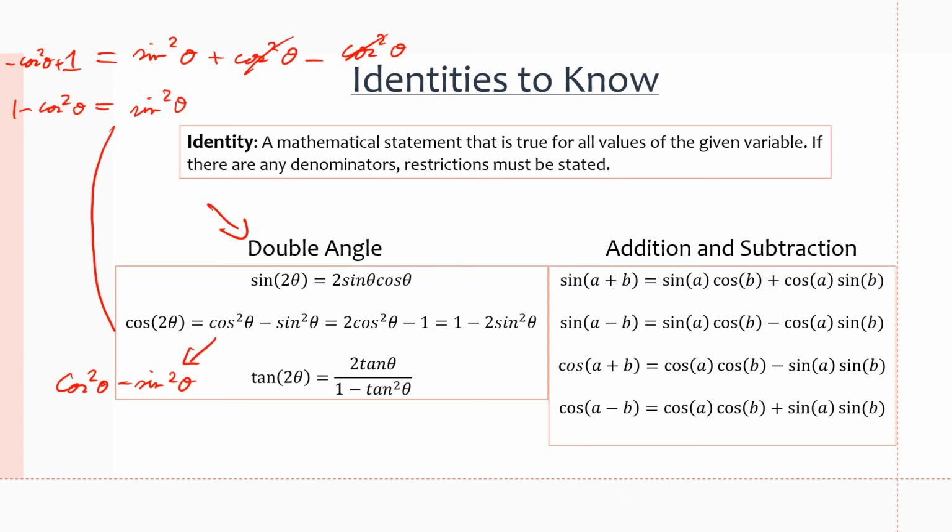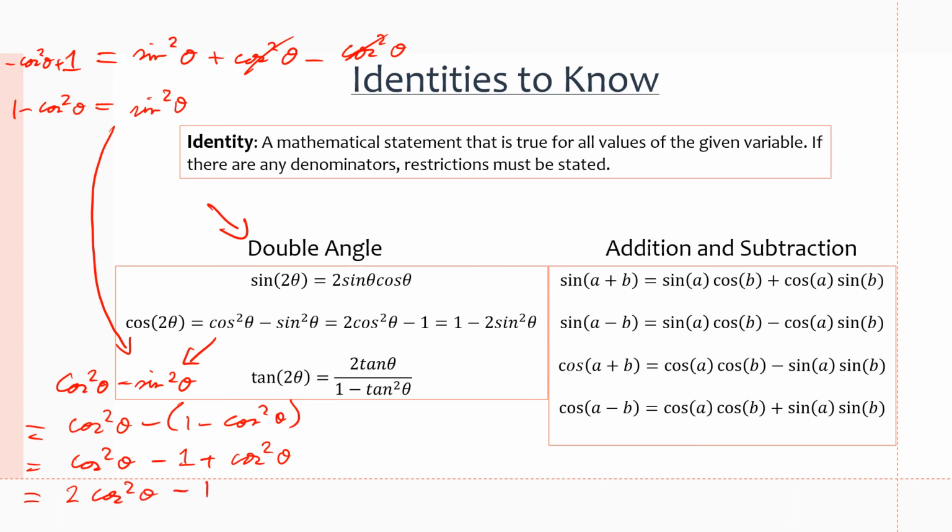And if we substitute it into this expression right here, we will get cos squared theta minus 1 minus cos squared theta. And if we use the distributive property, we get cos squared theta minus 1 plus cos squared theta, which will give us 2 cos squared theta minus 1, which is this expression right here, right? So they're all equivalent. They all equal cos of 2 theta, okay?